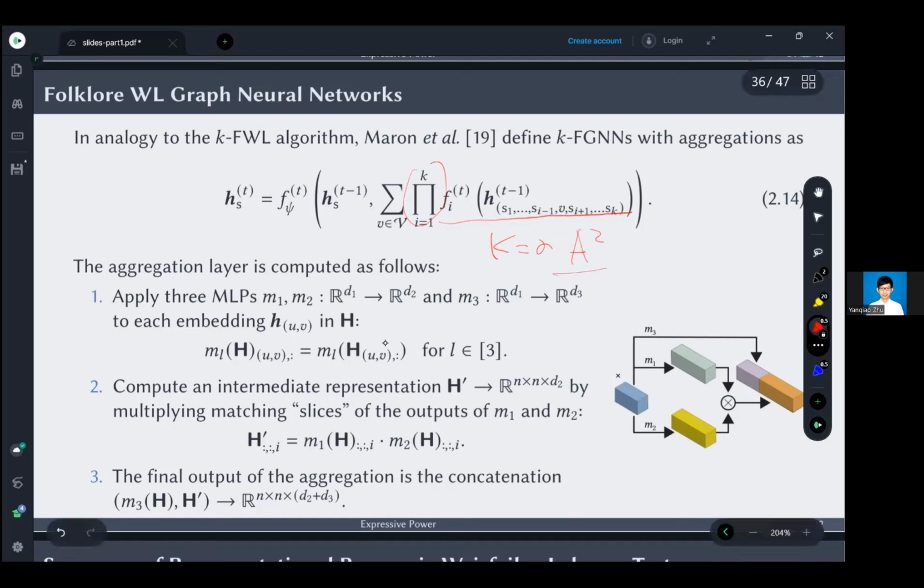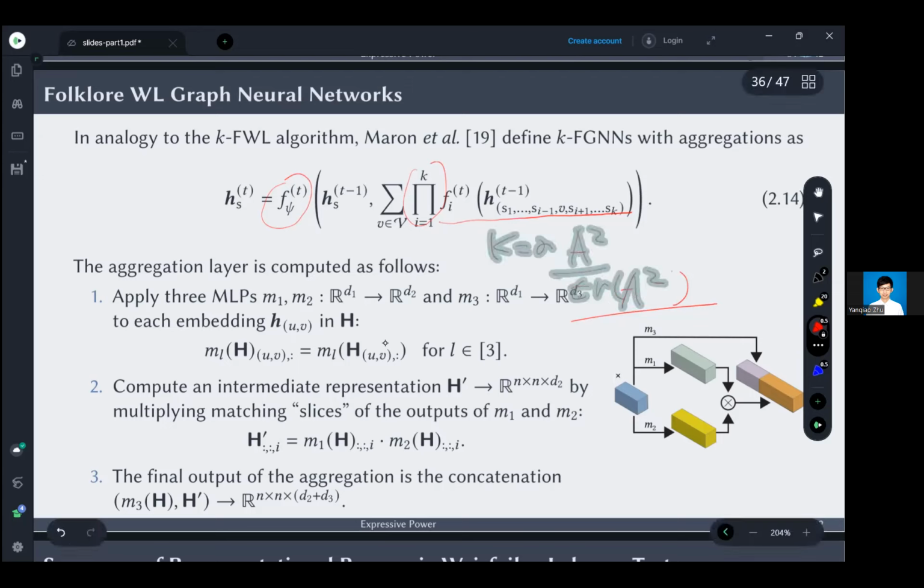And for A squared, you can use a function that computes its trace, and this trace actually gives you information about the graph structure, such as its diameter. In this way, you can distinguish two graphs that differ in diameter. So this is why it uses multiplication over every k-tuple.